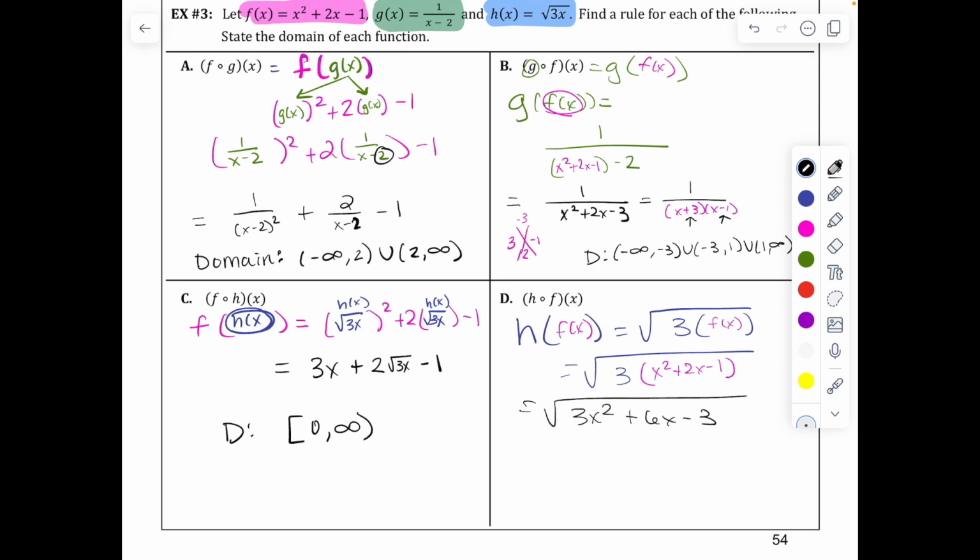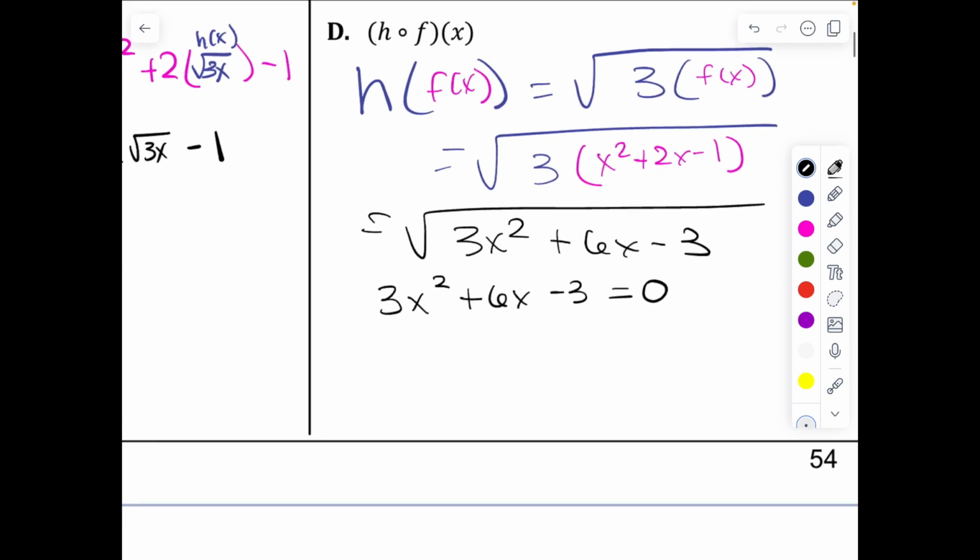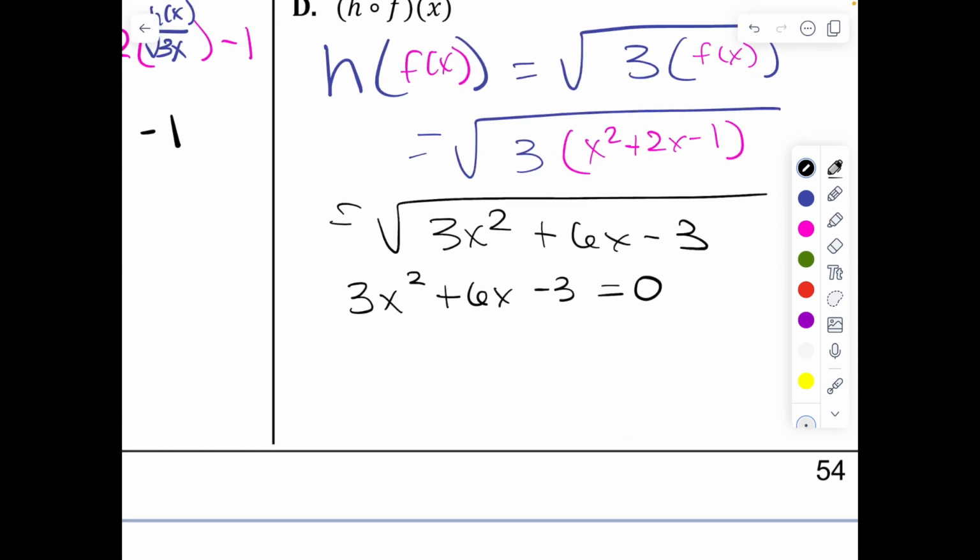Now keep in mind, to navigate what's going on with the domain, I need to make sure that whatever's inside the root is either 0 or greater than 0. So I need to say, if 3x squared plus 6x minus 3 is greater than or equal to 0, let's find out what the values are if it's equal to 0, and then test those values.